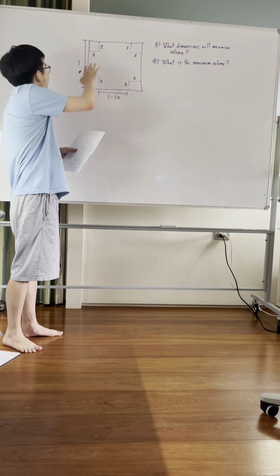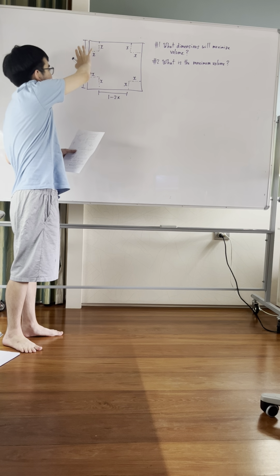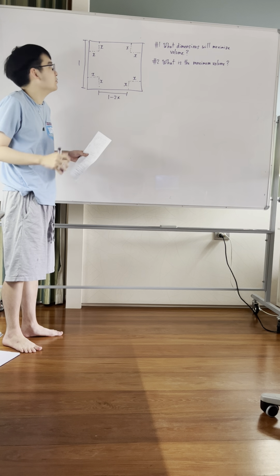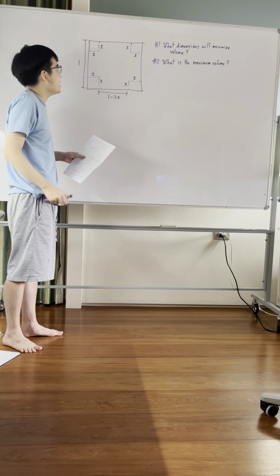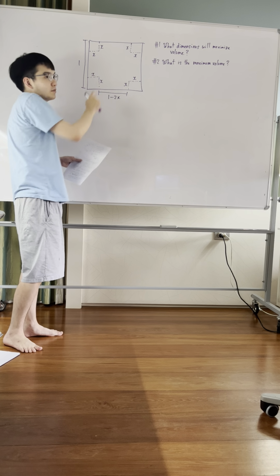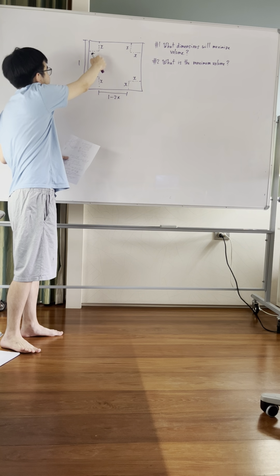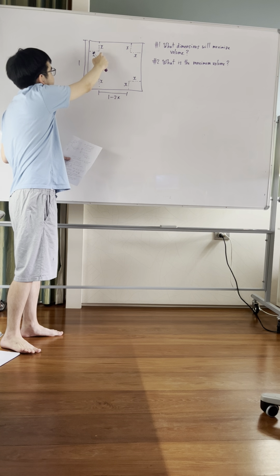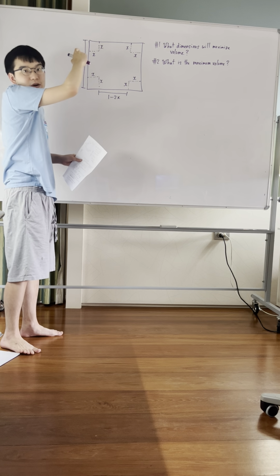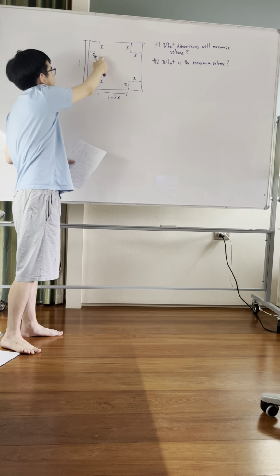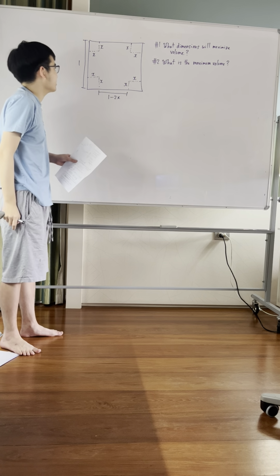So we know that this square, this metal sheet, is going to be dimensions 1 foot by 1 foot. But the neat thing is, given that we're cutting off squares of identical side lengths on the corner, we can let these squares have dimensions x by x at each corner.